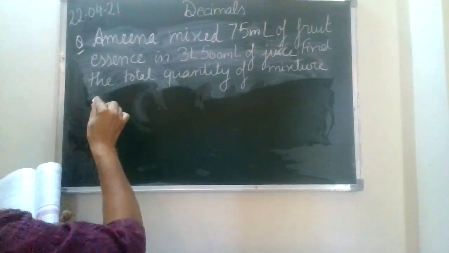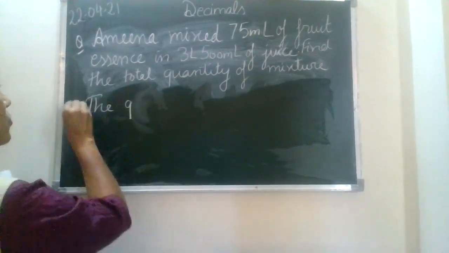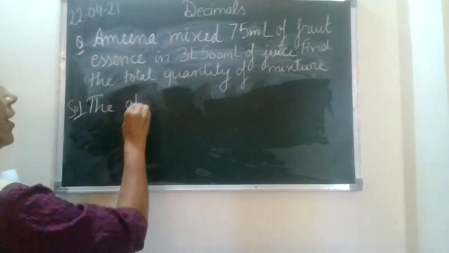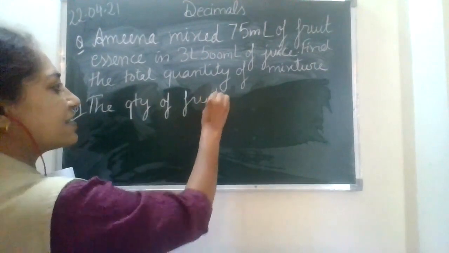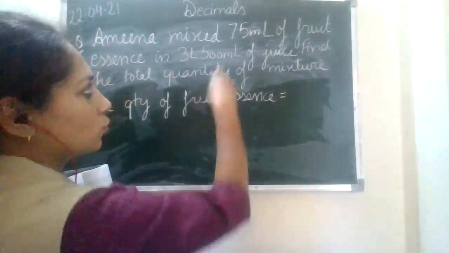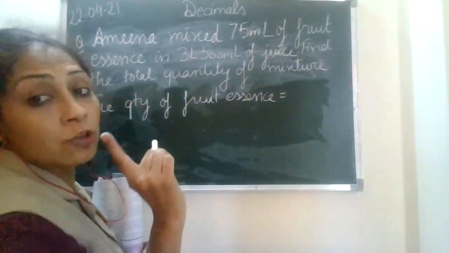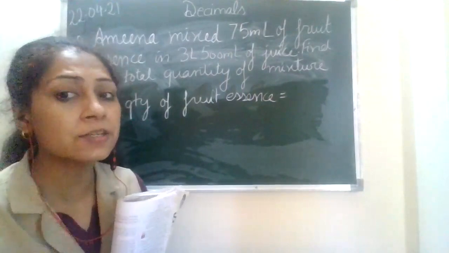Now, the quantity of fruit essence is equal to 75 ml. So how are you going to do it? Now listen to me carefully. You need to be quick, fast.